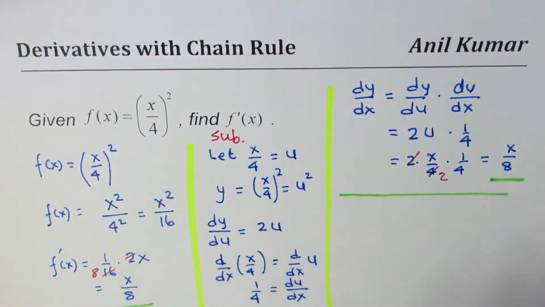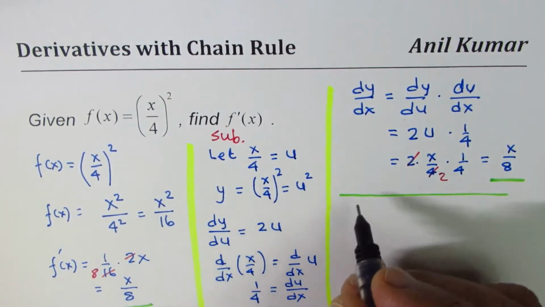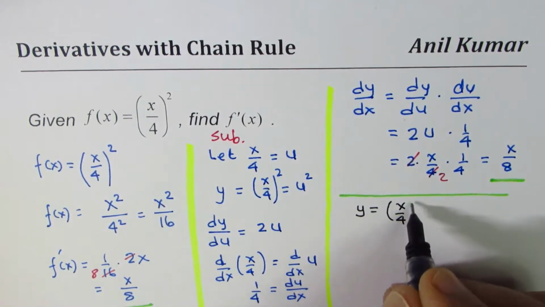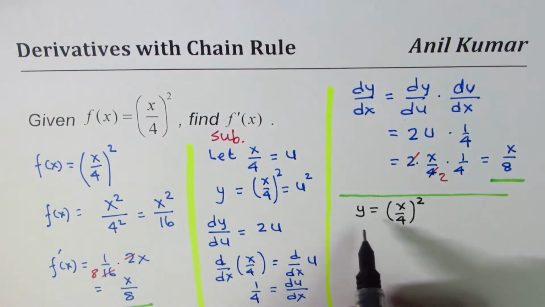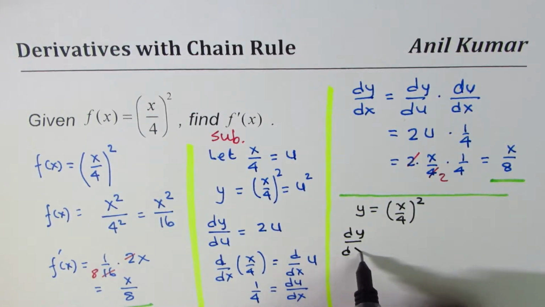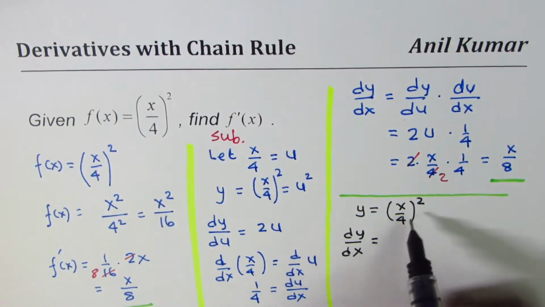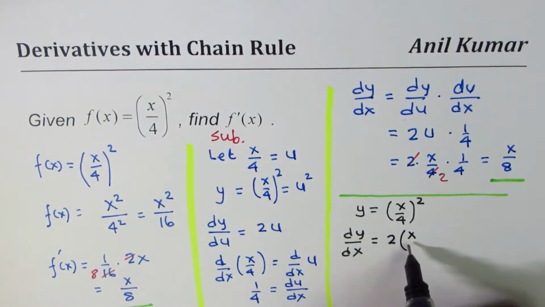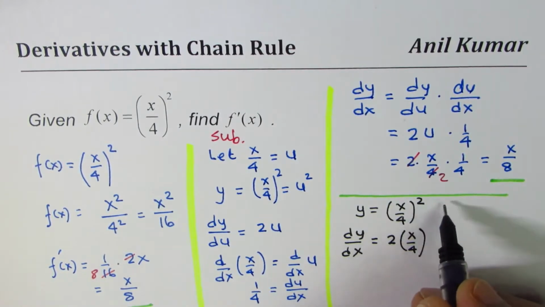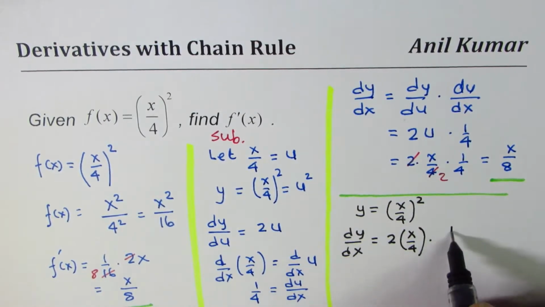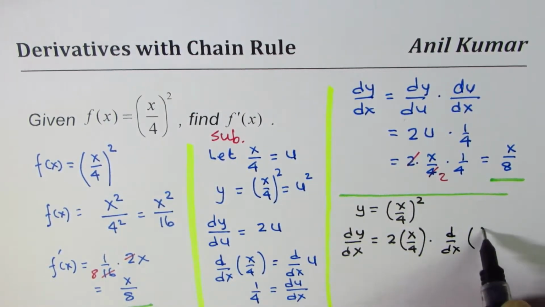Now here is the third method to do the same thing. Let me write this function in a small space. Let's say y equals (x over 4) whole squared. Now we go directly and differentiate both sides with respect to x. If you differentiate this, you get 2 times x over 4 to the power of 2 minus 1, which is 1, times the derivative of the inside function, d dx of x over 4.